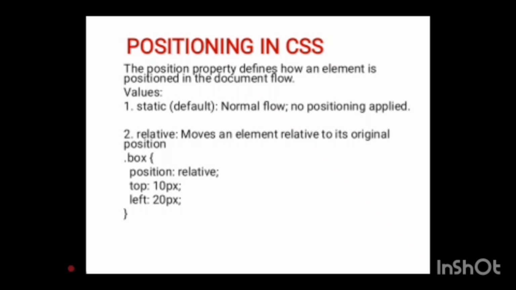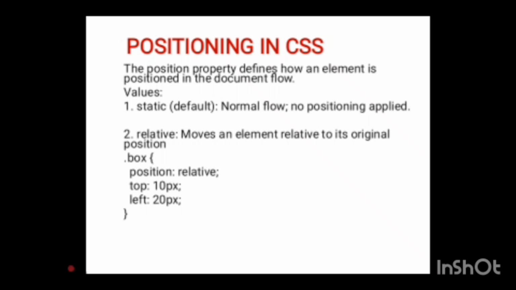We have, one, the static position, which is the default. That is the position that comes by default in CSS. It is the normal flow. If no position is applied, the position is always static.